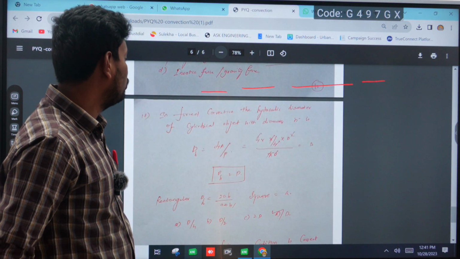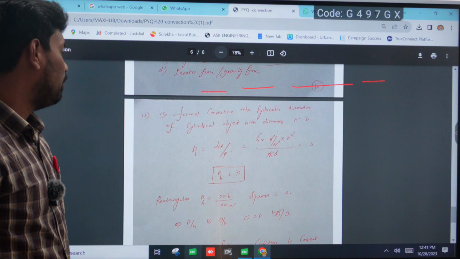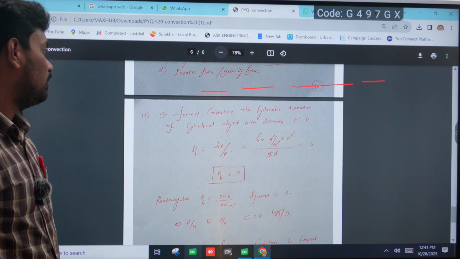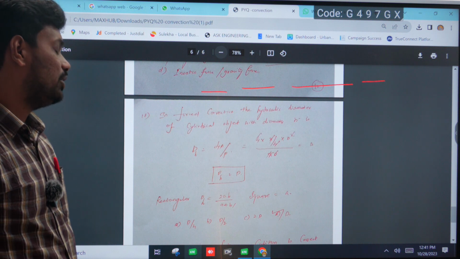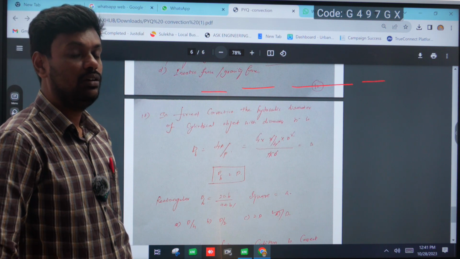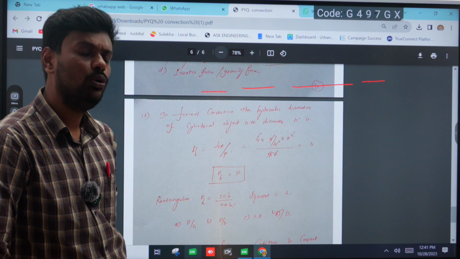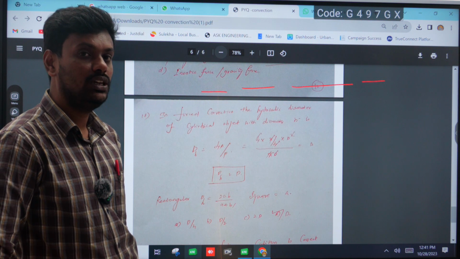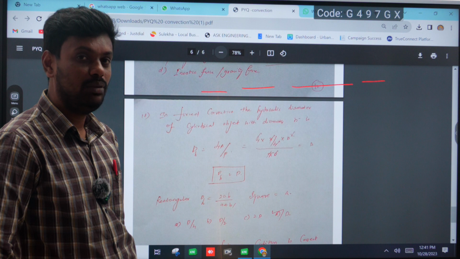Next, in forced convection, the hydraulic diameter of a cylindrical object with diameter d is, okay. For forced convection problems, for finding out the Reynolds number, we have to use the hydraulic diameter concept.